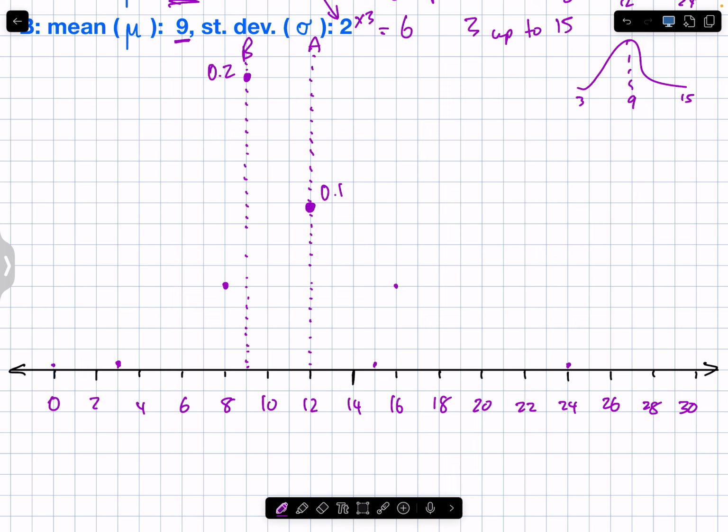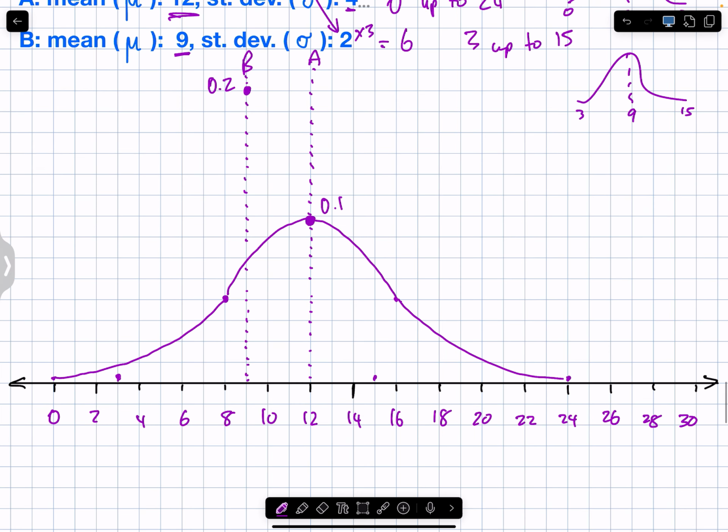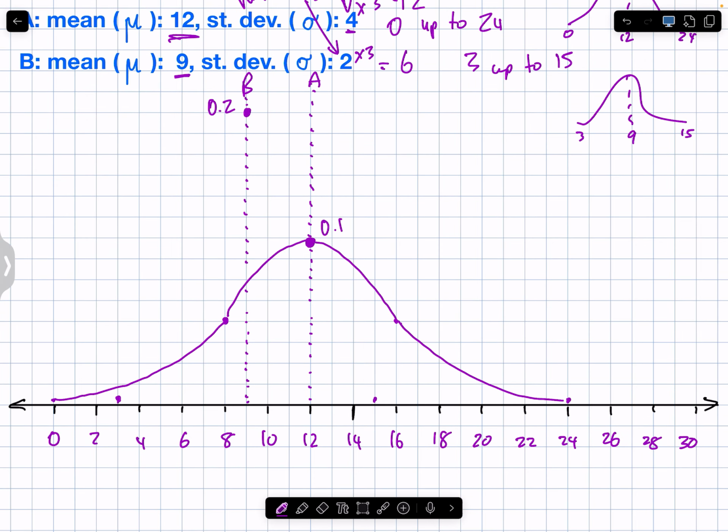So from this dot to the edge, we make it convex, curve back the other way. This dot to the edge, we make it curve back the other way. That's about right. We're not going to get like a set square or like weird rulers to measure. When you have narrow ones, it's very easy to make your normal distribution look very dong-like. So erase and do it again, okay?